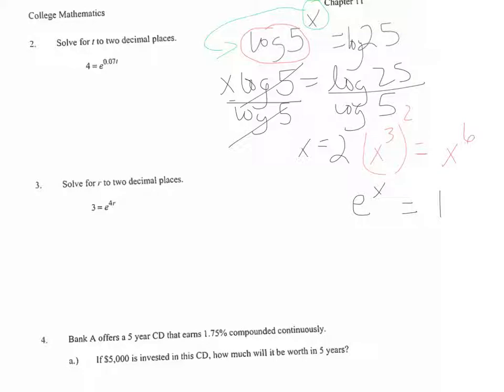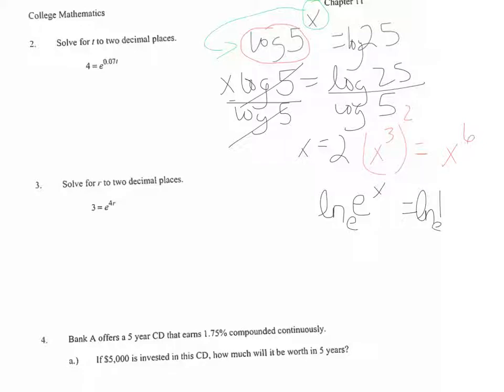Now, instead of doing the log of each side, I want to do the ln. And the reason I want to do the ln is because the base is understood to be e.